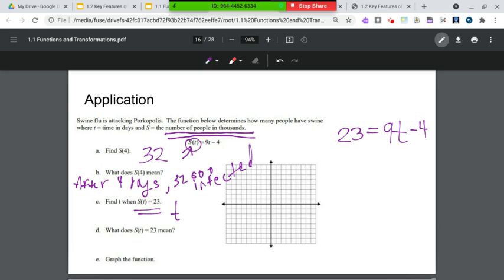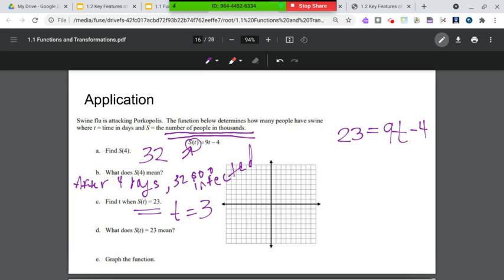You got it. And so what does S of t equal 23 mean in the context of the problem? Is it the number of days?